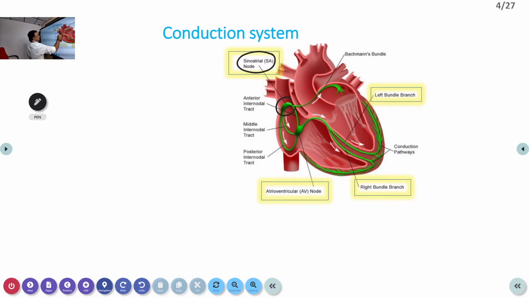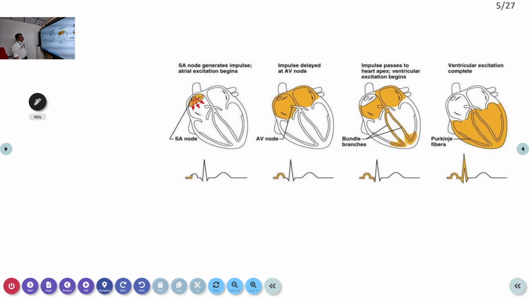From the SA node, the conduction goes to the AV node. From the AV node, it will go to the ventricle. So the block is somewhere here, and that produces AV block or heart block.